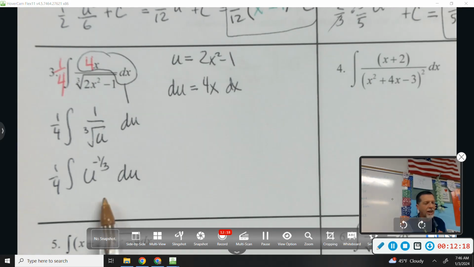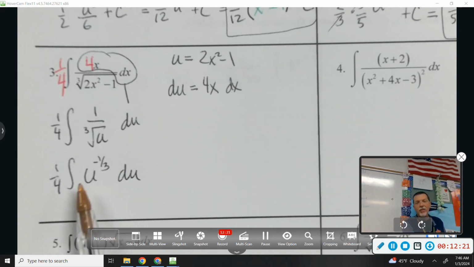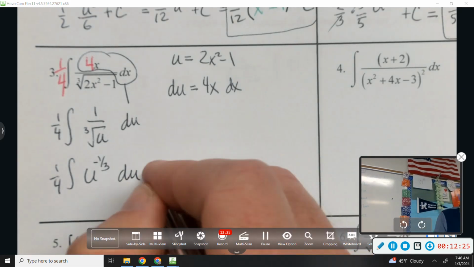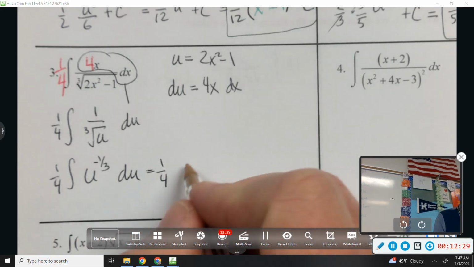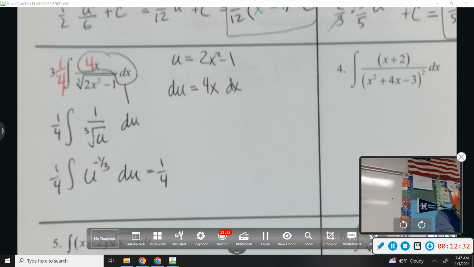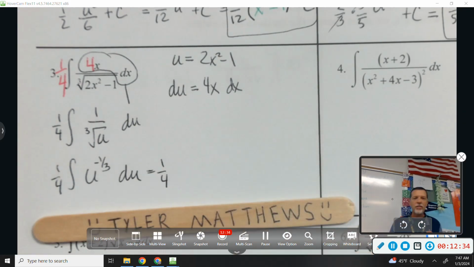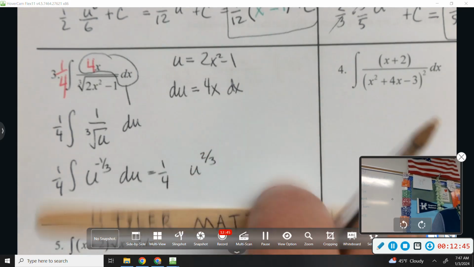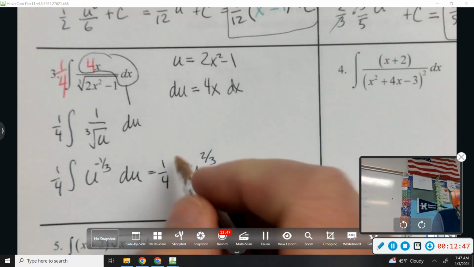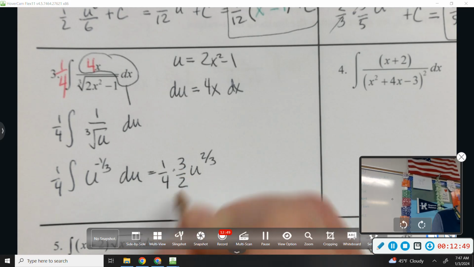And so now again, that's supposed to be a simple power rule problem. Increase the power by 1, divide by the new power. So 1/4. Let's see, increase the power by 1. Okay, Tyler, fraction work here. What's negative 1/3 plus 1? 2/3. Yes. So u to the 2/3, and then divide by 2/3, but that's the same thing as times 3/2.